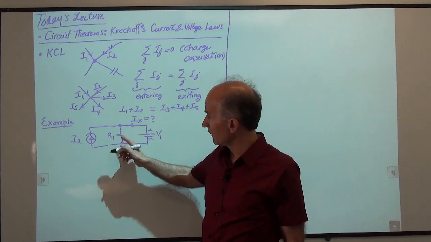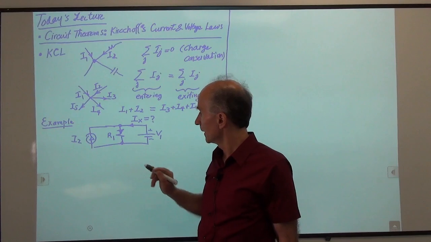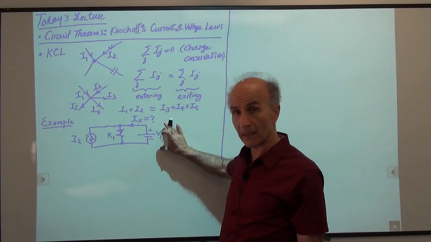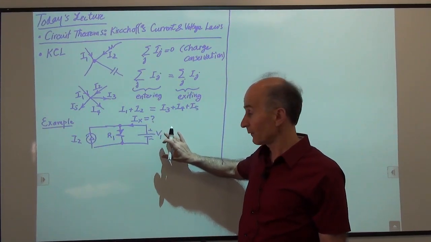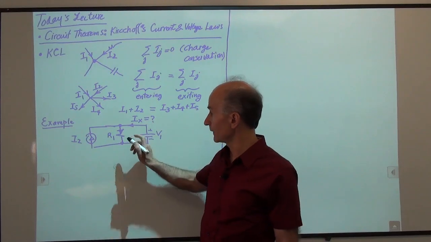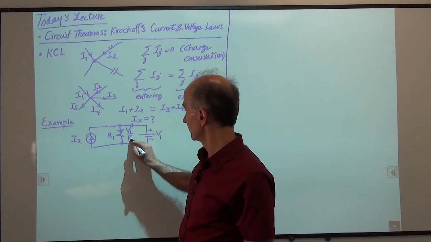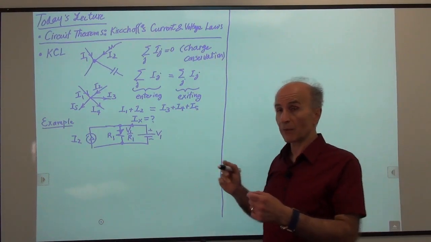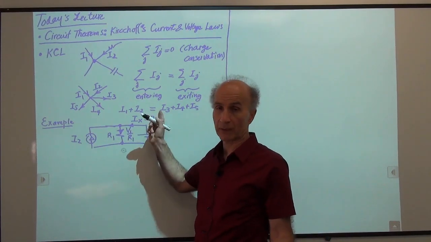Can we predict the current through R1, this current going this way? Well, yes, because the voltage across R1 is actually this battery. This battery applies this voltage between these two lines everywhere, right? So if this voltage is V1, this current is given by V1 over R1.